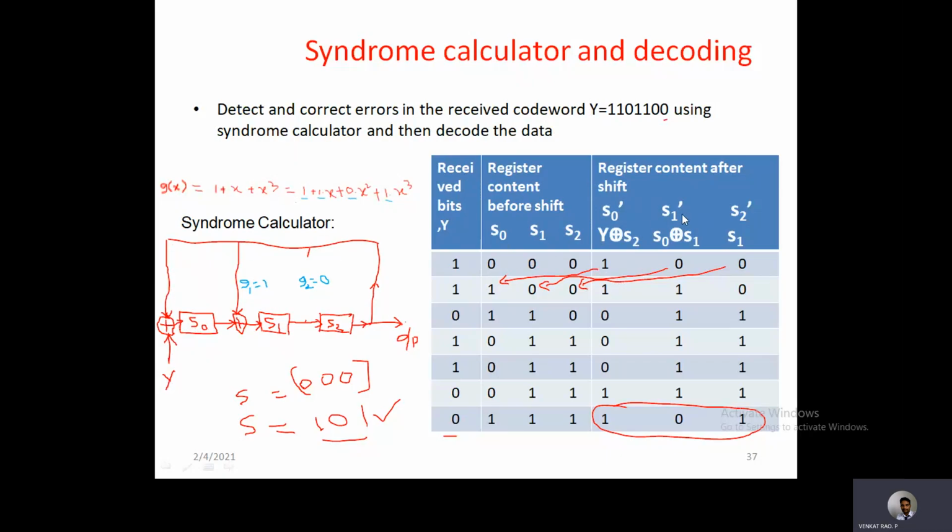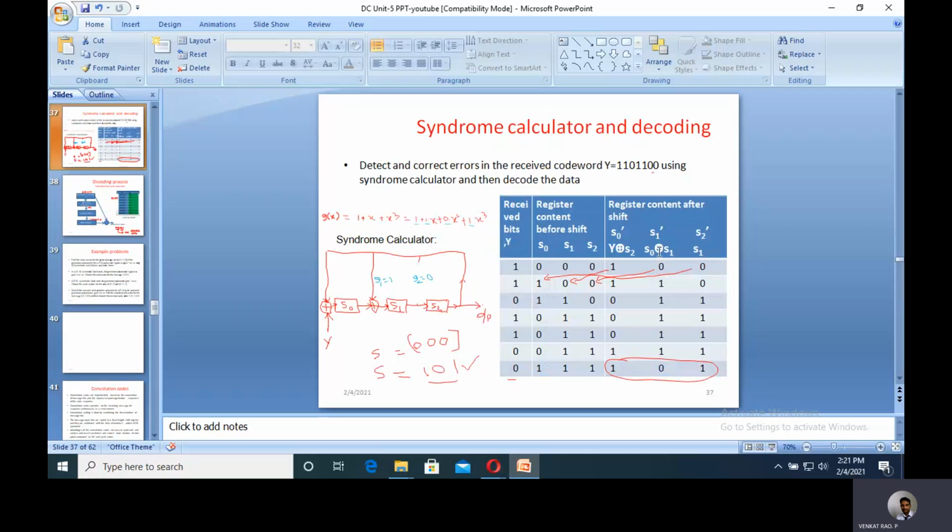Next, S1 dash. What is the content of S1 after the shift operation? It comes from this input, which is the XOR operation of S0 and S2. I have to remember this is S2, right?